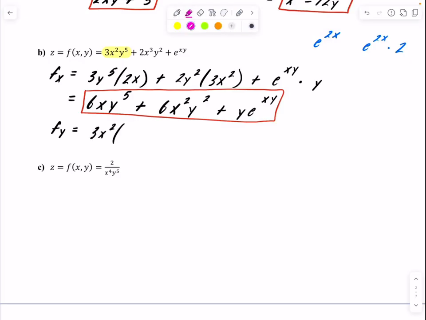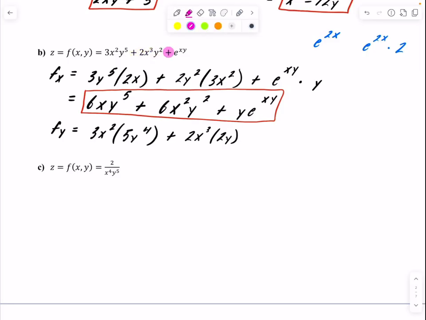That way I only have to worry about taking the derivative of y to the 5th power, which is 5y to the 4th. Moving on to the next term, I'm treating x as a constant, so I'll write 2x cubed first. Notice I'm not taking the derivative of that, I'm just getting it out of the way so I can take the derivative of y squared, which ends up being 2y.